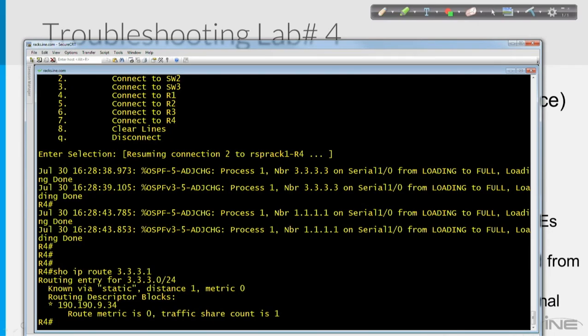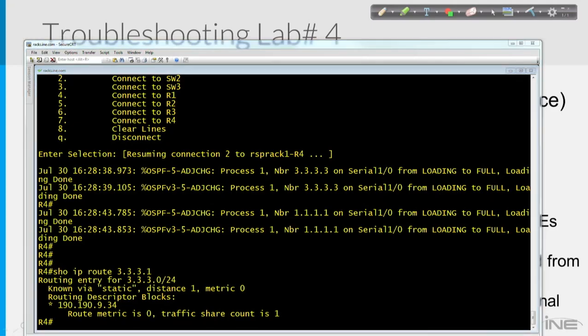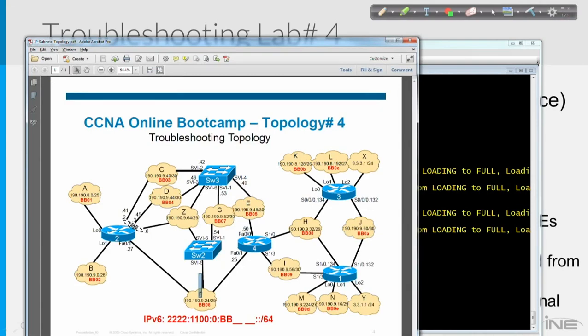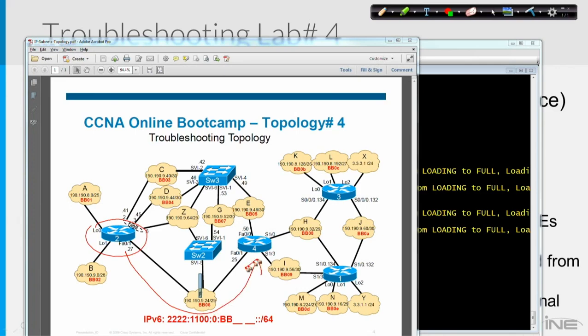That is router 3. Okay, so at this point we know that, looking at our diagram here, if router 2 initiates a telnet, his routing table says go to router 4. And then router 4 will go directly, due to his static route, to router 3.